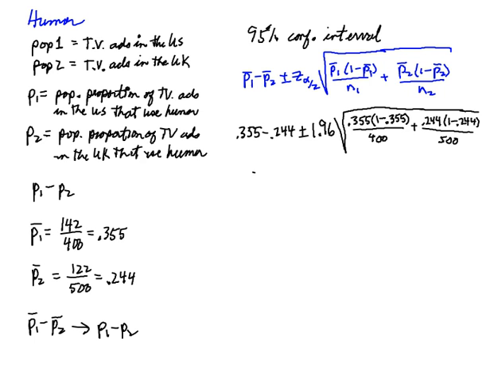So taking the next step, my estimate of the difference is 0.111, and my standard error after calculating that square root is 0.0307.